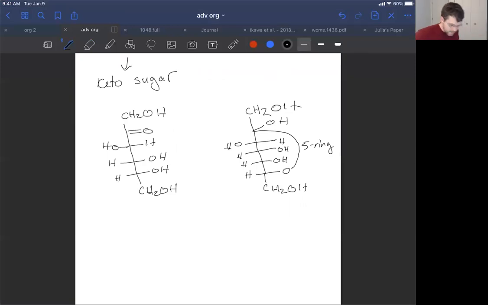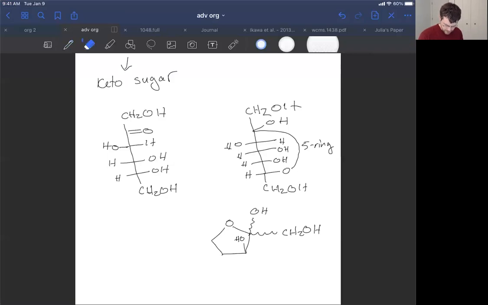consider then a ring closed form. And so what the ring closed form looks like is this. Now we have all sorts of wedges and dashes. I'm going to put a squiggle here. I'm doing the wedge dash form.